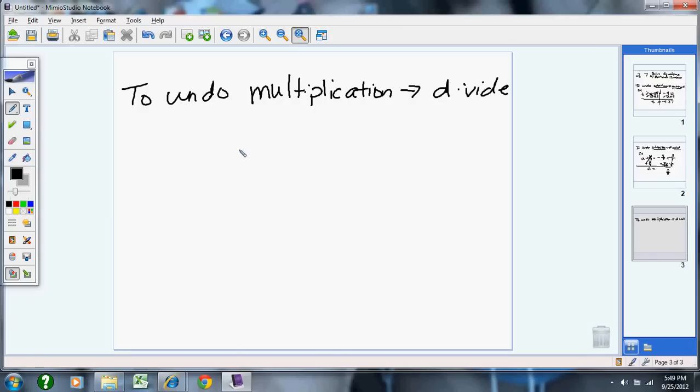For example, if we have negative 26.5 equals negative 5.3 W, I see, don't be fooled by this negative sign here, it's not subtraction, it's negative 5.3 times W. To undo multiplication, we divide.